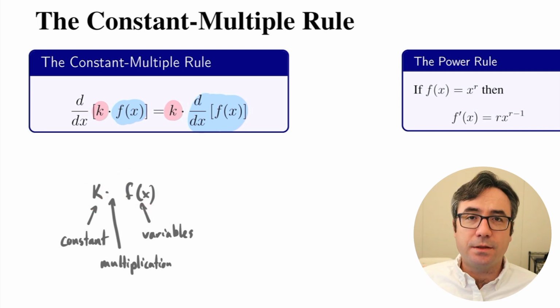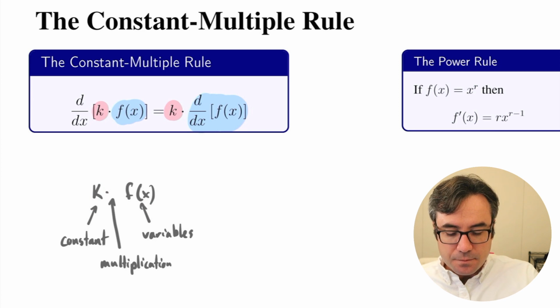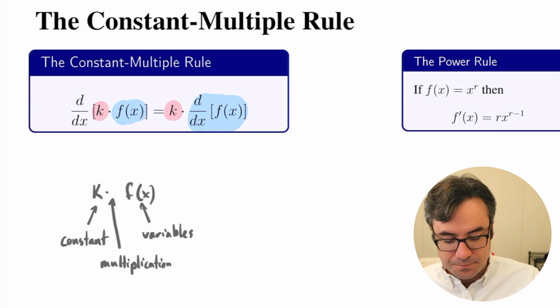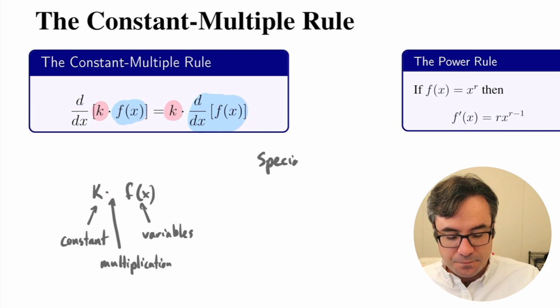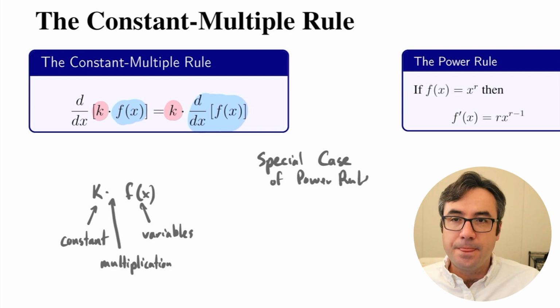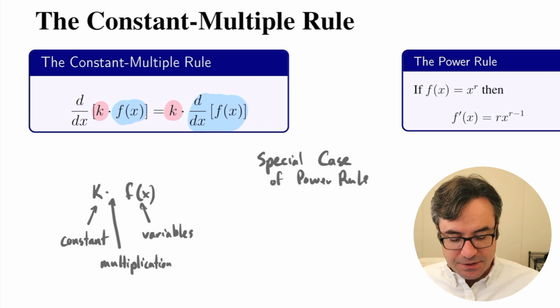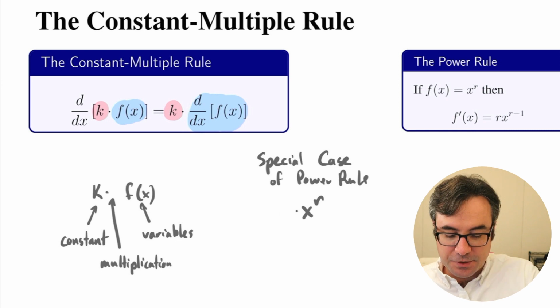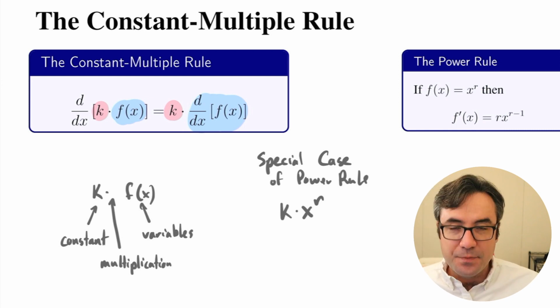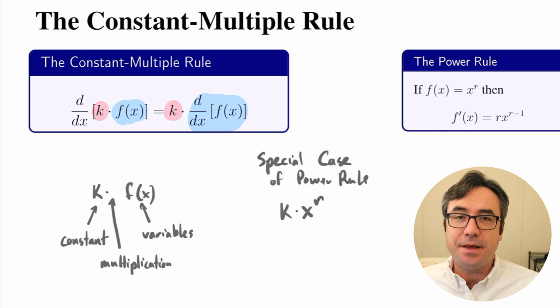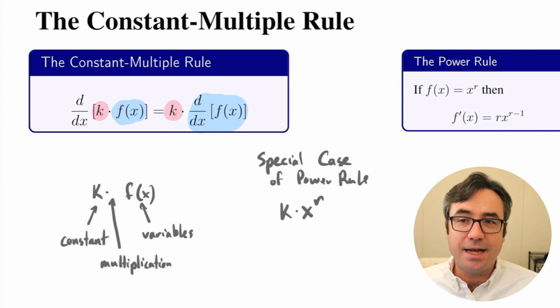So as a quick little example, kind of a special case then of the power rule, is if we have, say, the function, let's make it a k just because we're using k already. k times x raised to the power r, where k is just a constant.